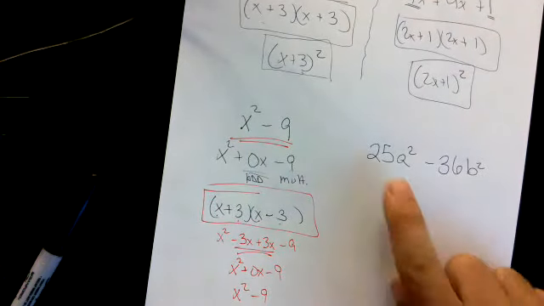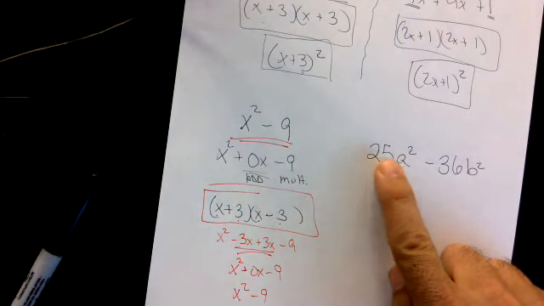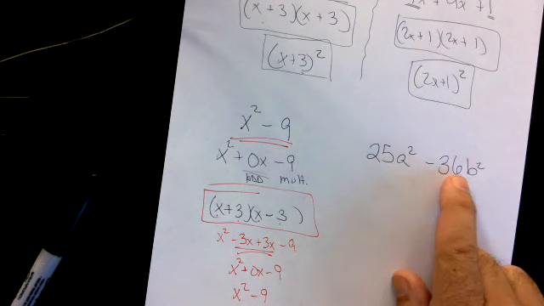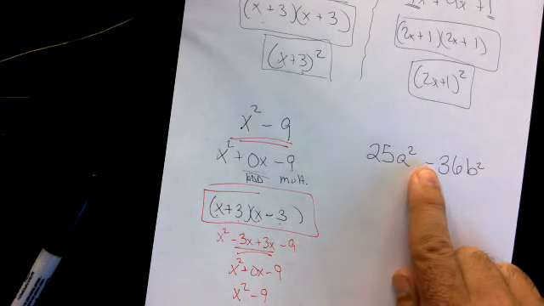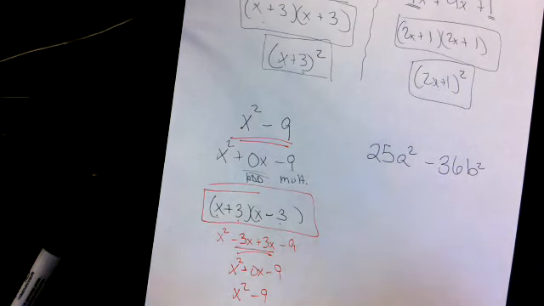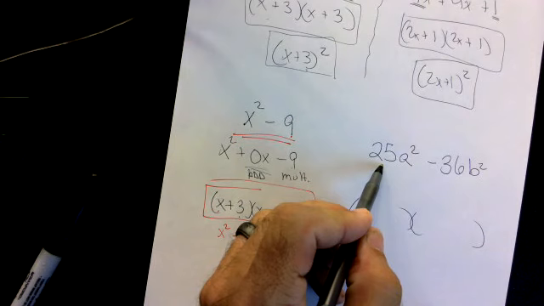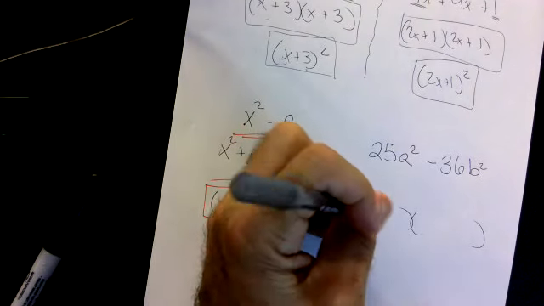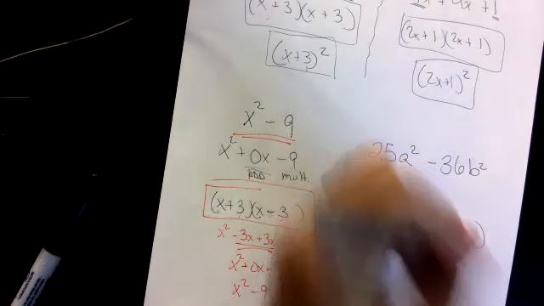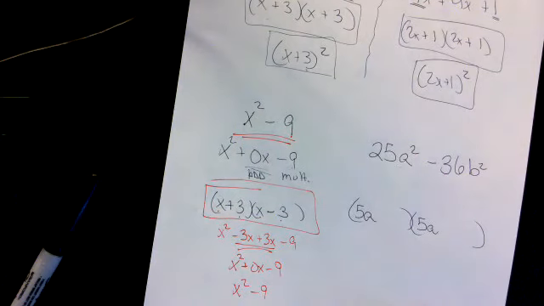If this is a perfect square, meaning I can multiply something times itself and get this, and this is also a perfect square, and it's a subtraction, then all I have to do is ask what multiplies to get 25a squared? That'd be 5a and 5a.